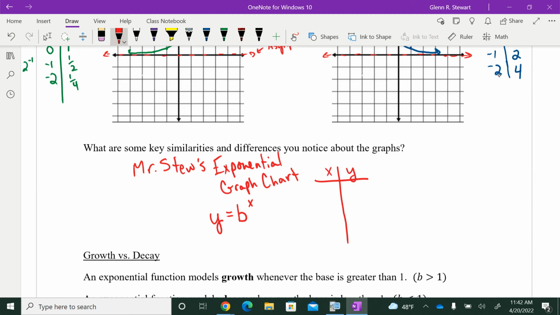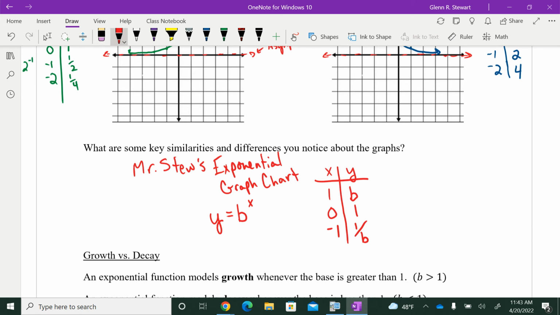You make an XY chart of 1, 0, -1, or you could do it -1, 0, 1, doesn't matter. 1 with the exponent will always resort to being that base number. 0, anything to an exponent of 0 will always be 1, and then -1 will be 1 over whatever that base is. Just a little shortcut to help you along before you do transformations later on.